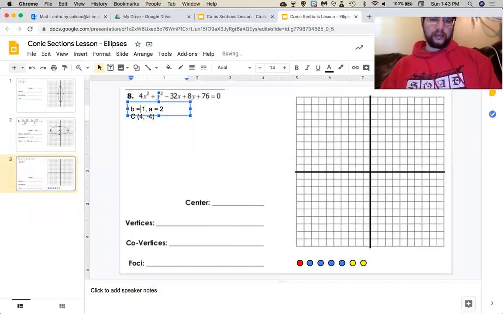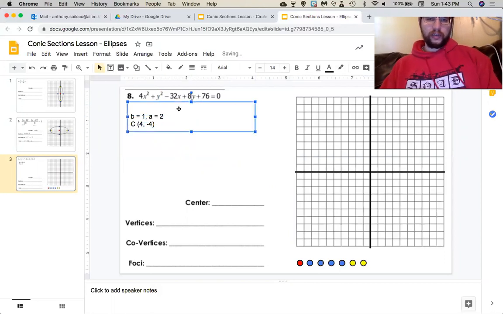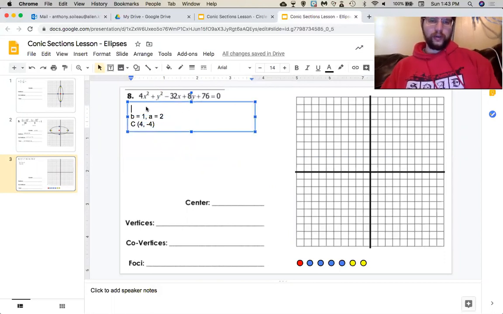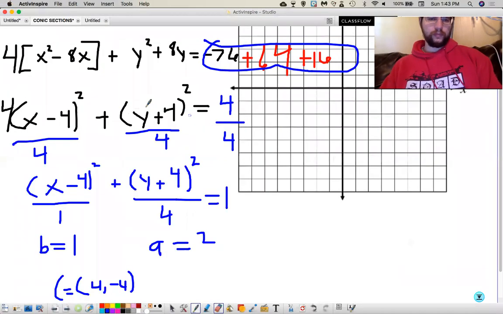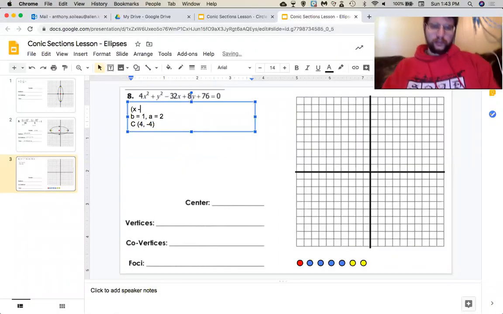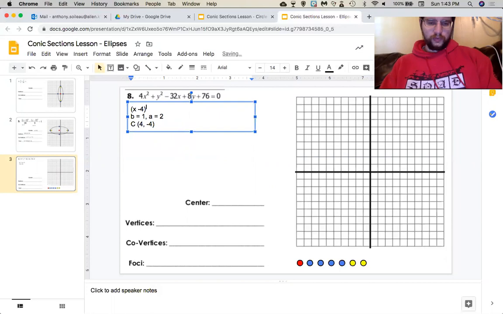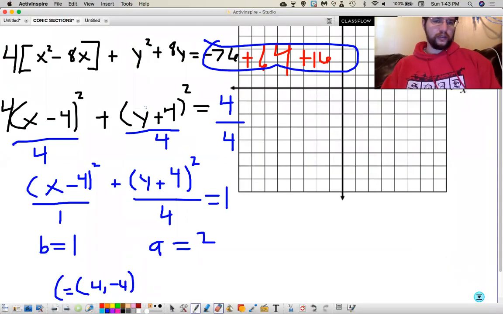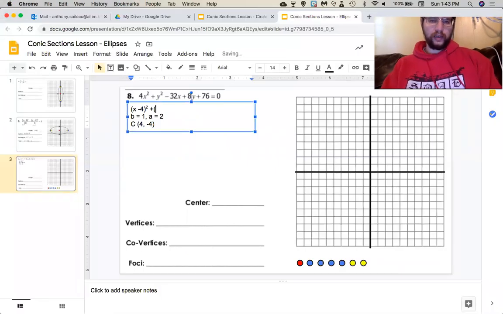And really, I'd like to see this simplified standard form equation for this ellipse. That way, if you messed up, I might be able to tell you what you did wrong. So it's x minus 4 squared plus, again, there's no equation here, so we can't put a fraction.